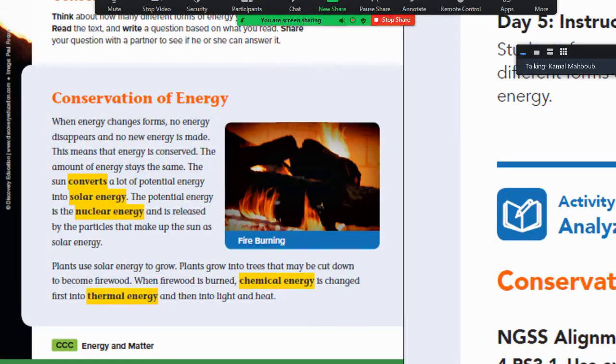Please, this part talks about a very important law in our earth, in our universe. Conservation of energy, which means what?